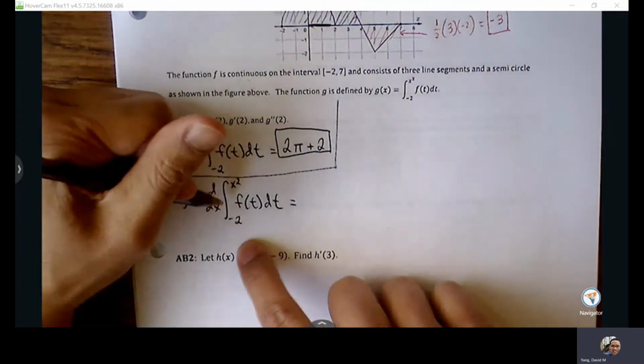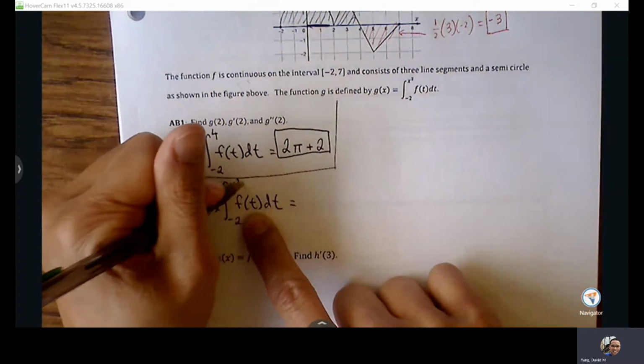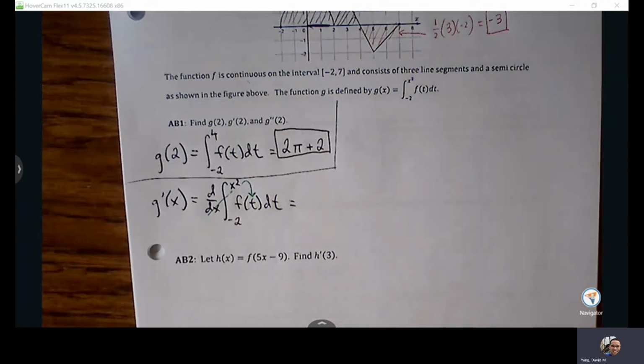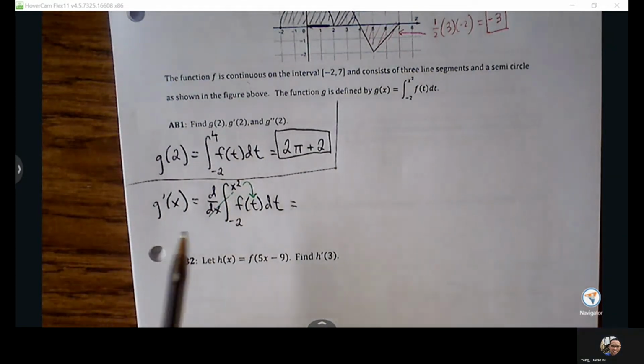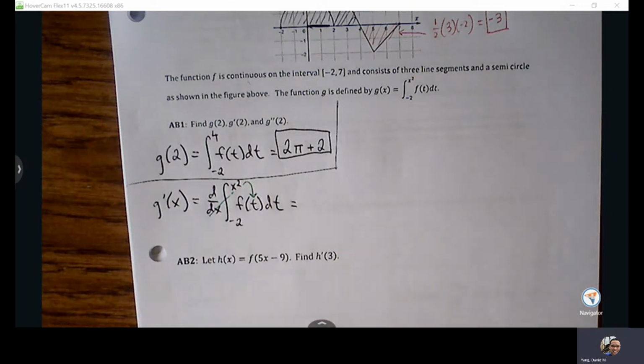Okay, so second theorem says we know these two operations cancel each other out. This f of t is not going to change much, but we do have to involve that upper bound. So that upper bound gets inserted in for t, but we also need to multiply by what? By the derivative of x squared, which is 2x, yeah.